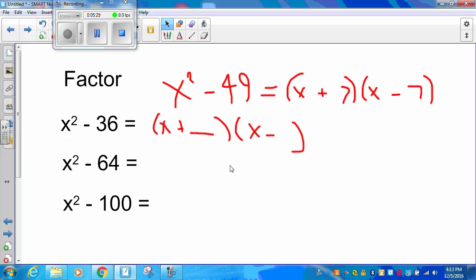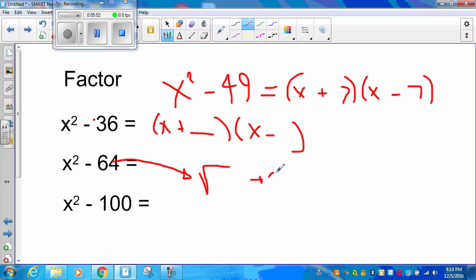If you got all three of these, then hopefully you ended up with x plus 6, x minus 6, x plus 8, x minus 8, x plus 10, x minus 10. Now, just to be clear, if you're thinking, oh, but I don't know how to square root things, there is a button in your calculator that does it for you, in case you don't have these memorized. It usually is accessed by doing second, and then the x squared button.